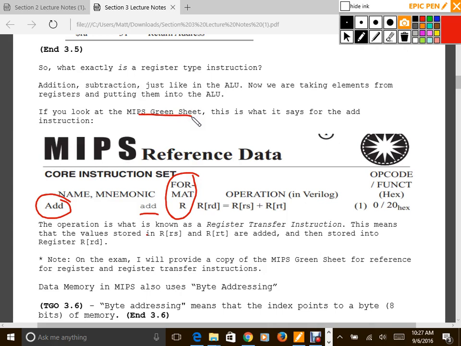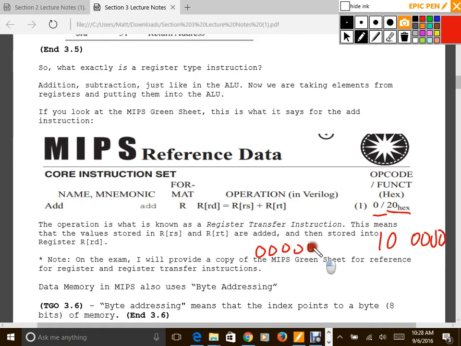The operation in Verilog is register RS plus register RT. You add them together in the arithmetic logic unit, and you get RD. It also says opcode / function in hex. And what this means is 20 hex is 100000, and your opcode is all zeros.